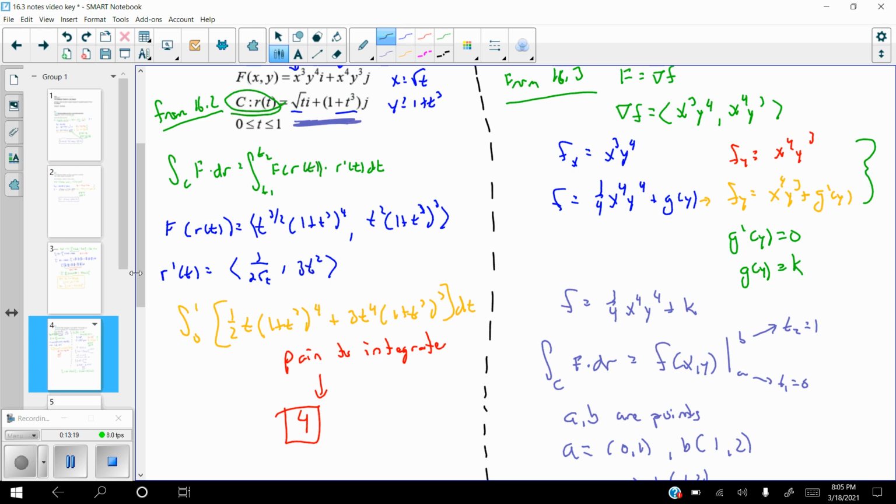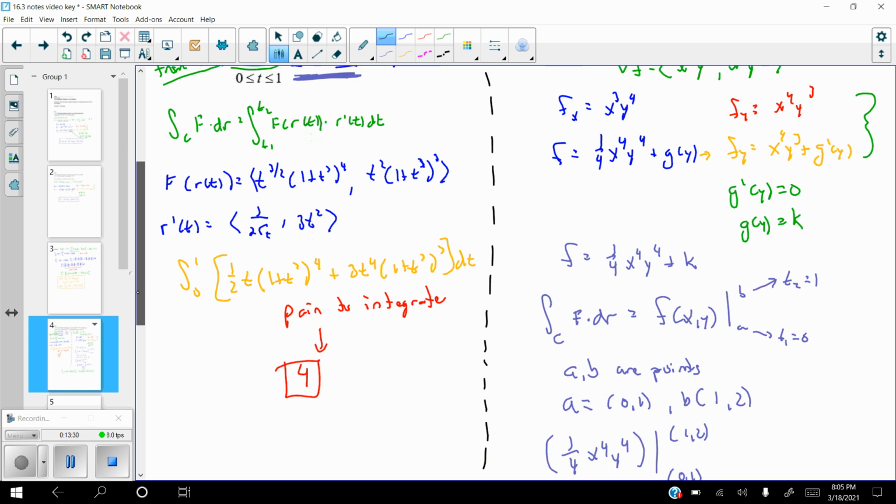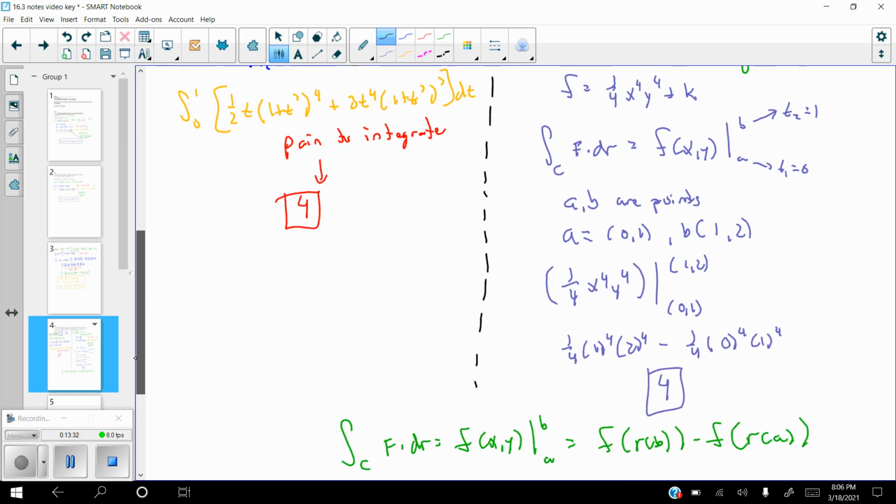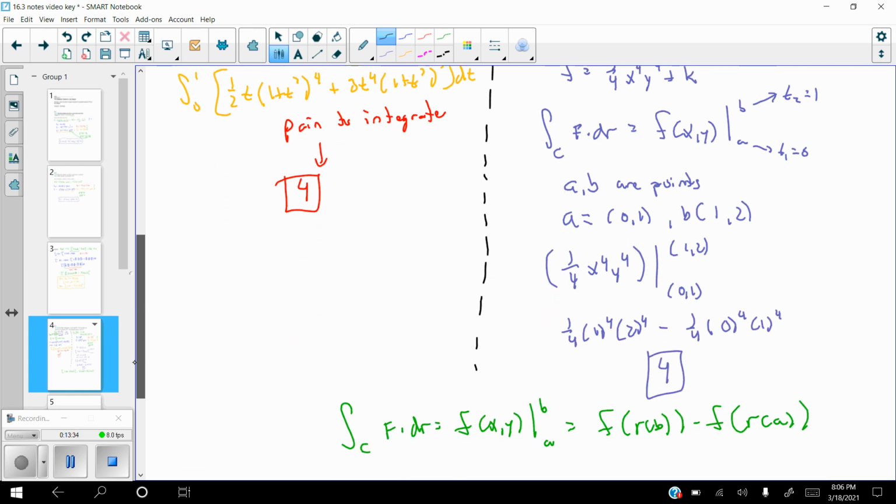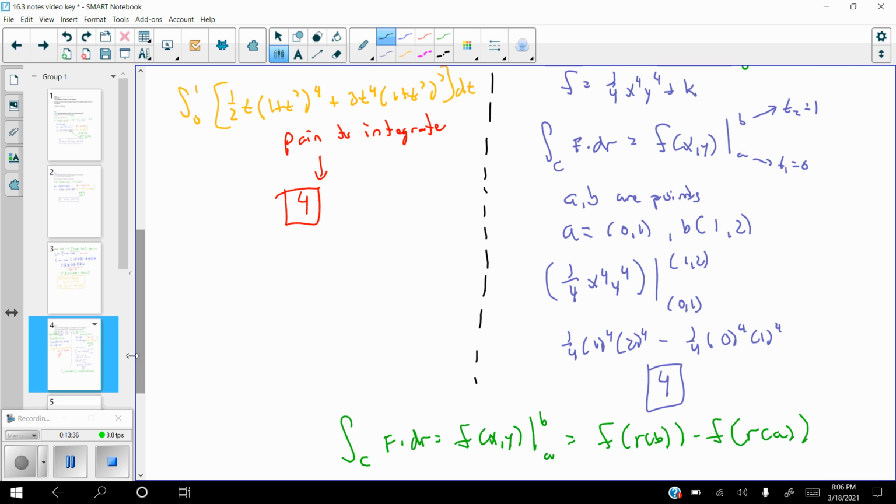Other than the fact that they told us that the force vector is defined as the gradient, we didn't utilize that within our integration or any of our antiderivative stuff at all. So for the line integral here, it doesn't actually matter what's happening with the force vector.